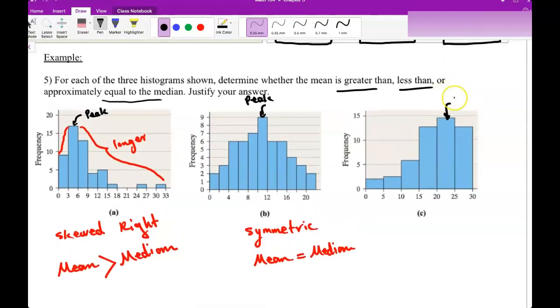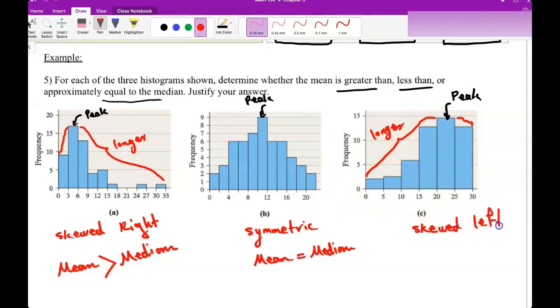Now here is the highest frequency that we have, and this left tail is longer than what we have on the right. So we have skewed left. Since we have skewed left, mean is less than median.